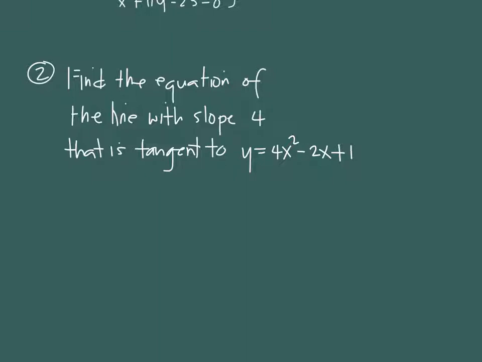So find the equation of the line with slope 4 that is tangent to y equals 4x squared minus 2x plus 1.